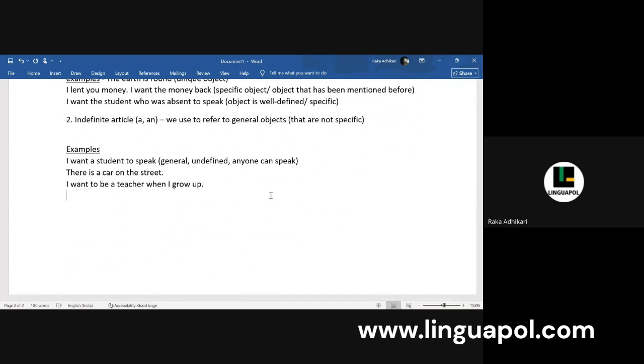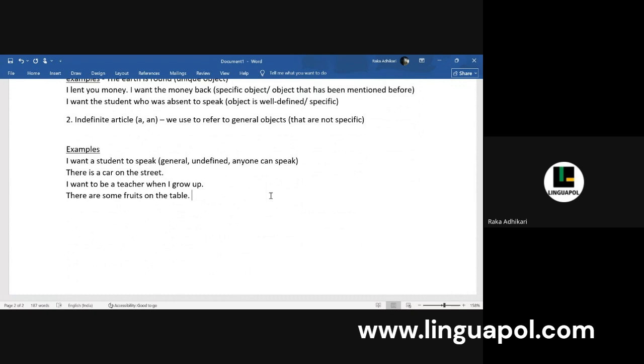It can be in plural also. For example, if I say there are some fruits on the table. There are some fruits on the table. So we don't know which, I'm not talking about any specific fruits. I'm saying they're just fruits. We don't know which kind of fruits, or we have not described these fruits before or after the conversation. They're just general. Okay?